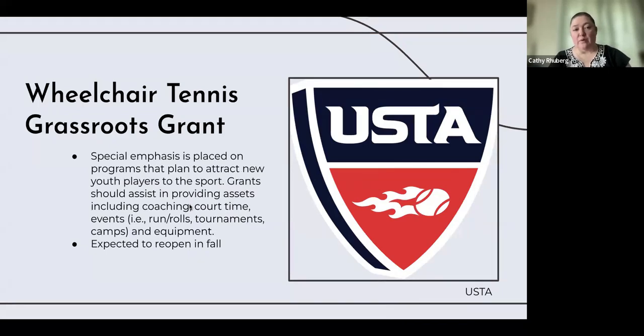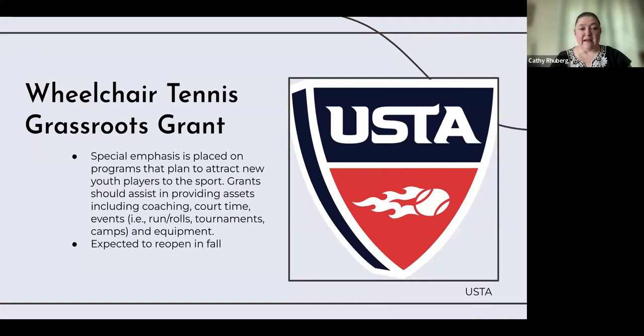This is the Wheelchair Tennis Grassroots Grant. So this is specific to wheelchair, like the collegiate grant, but this one is for community programs. It could be used for assets, for purchasing equipment. It can be used for coaching, events, summer camps.